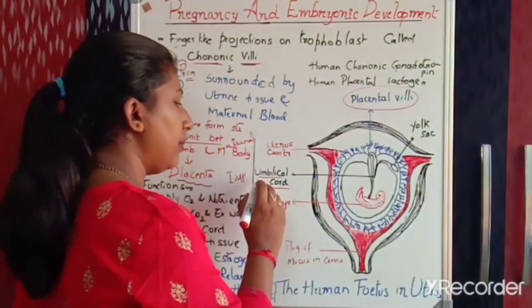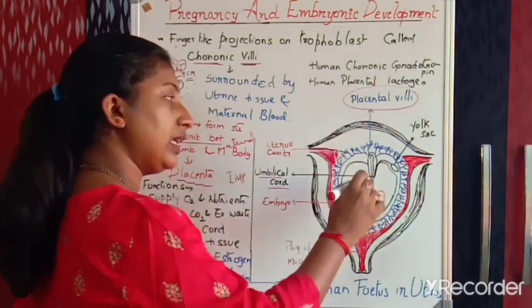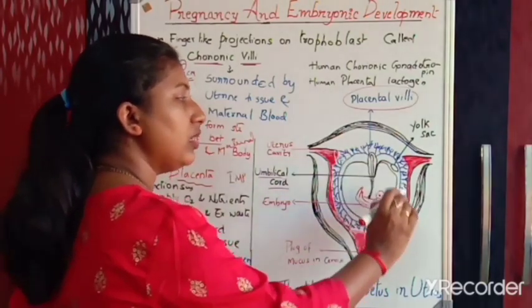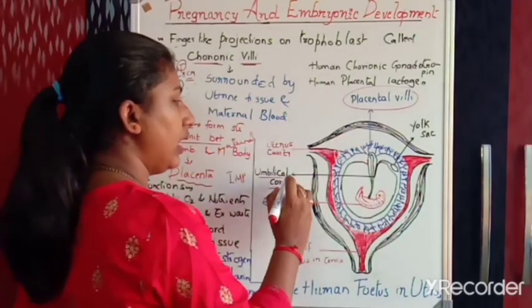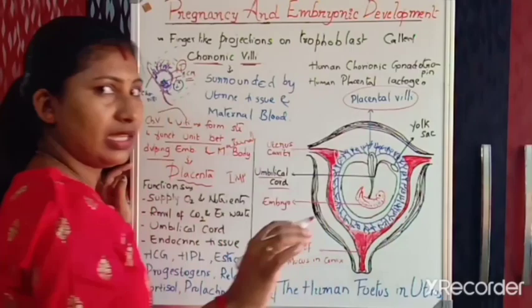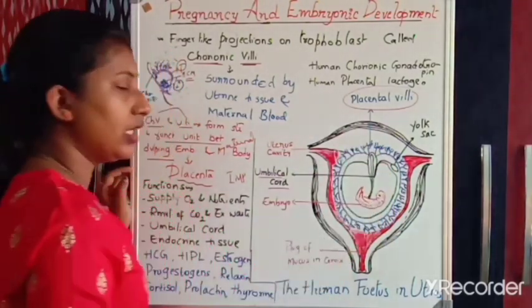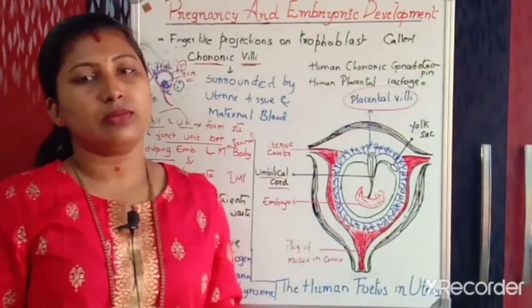Now the umbilical cord indirectly connects the embryo to the placenta. This whole structure is called the placenta, right? So the umbilical cord connects the embryo and the placenta indirectly. But what connects directly here? The placenta. Clear? So this is about the placenta.